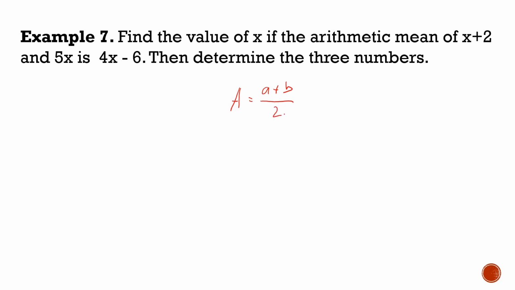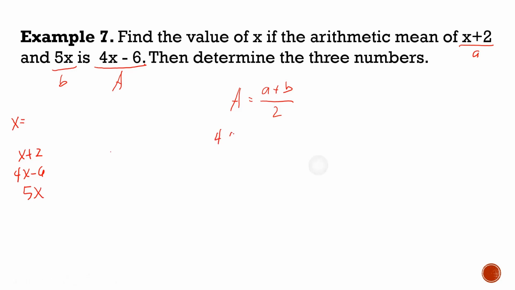We'll be using the same formula. So our small letter a is this. Our small letter b is obviously this. And our capital letter A, or the arithmetic mean, is 4x minus 6. So we have x plus 2, we have 4x minus 6, and we have 5x. That's our sequence.